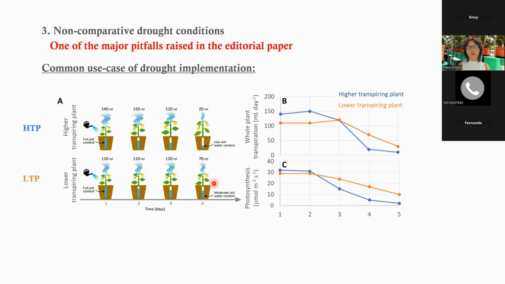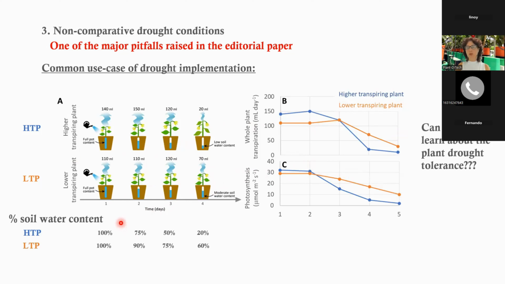Now let's have a look at another variable, which is the soil water content. What's happening in the soil? If we compare these two lines, the first day, both are getting the same amount of water, full irrigation, no problem. But then the high transpiring plant is losing more and more water from the soil because it's transpiring.